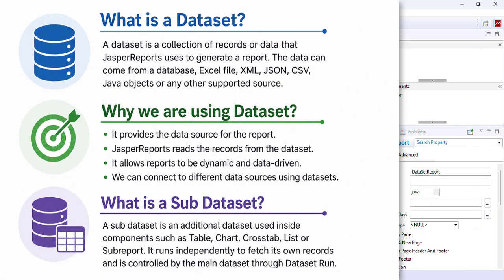So thereafter, let's explain the subdataset. A subdataset is an additional dataset in Jasper reports that can be used with multiple components like table, crosstab, charts, and list. Whenever you want to use these components, you have to create a subdataset in Jasper reports.